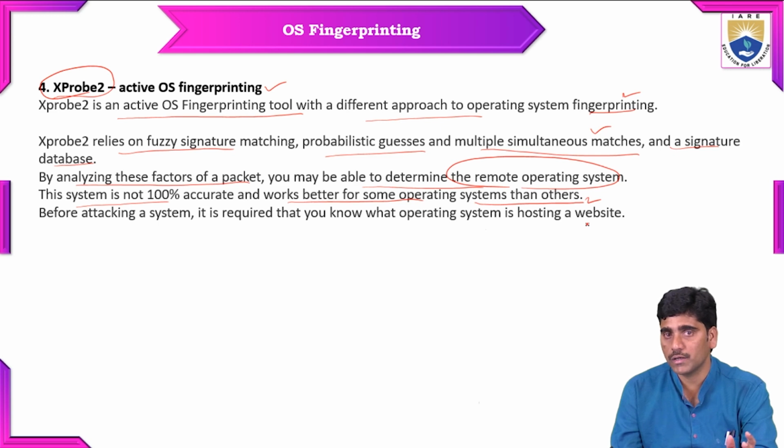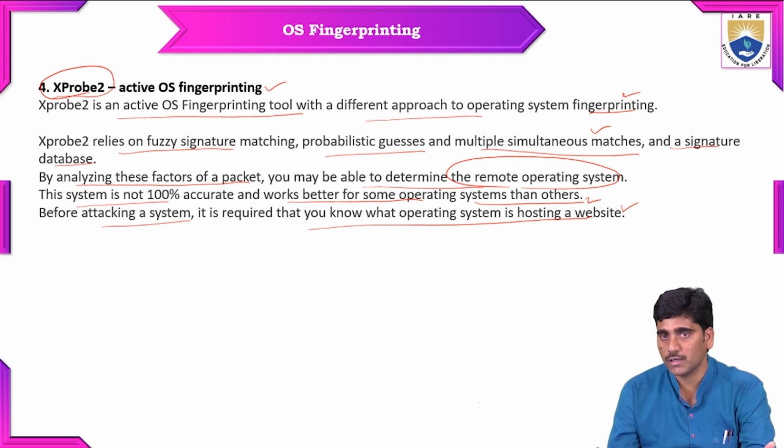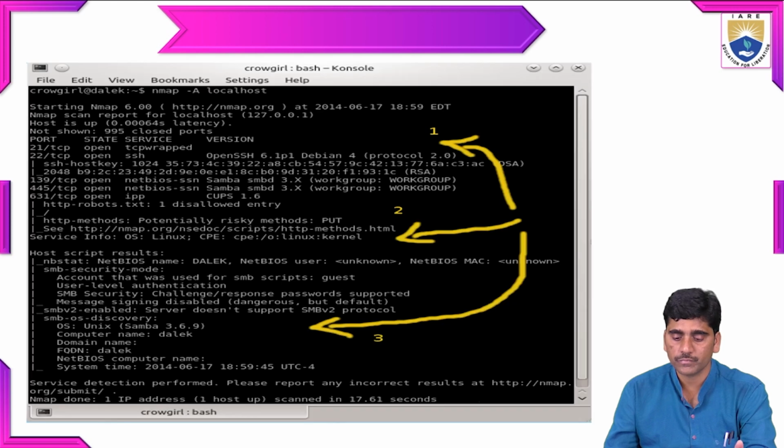But before attacking a system, you need to know what operating system the host is running, what type of operating system is hosting the website. So that is Xprobe2 for active OS fingerprinting.